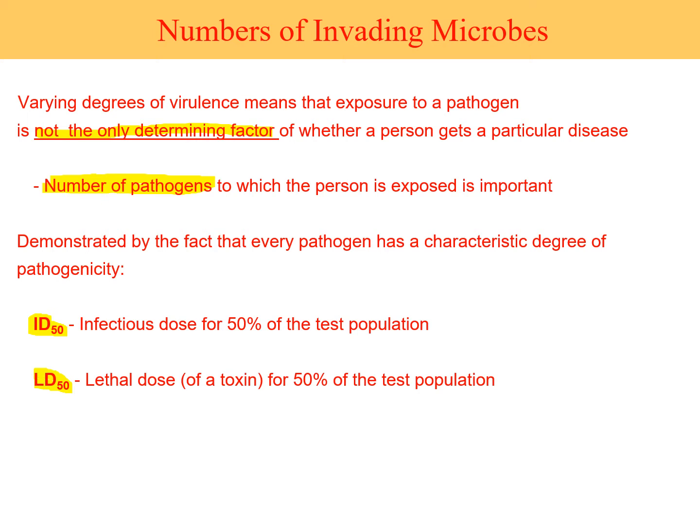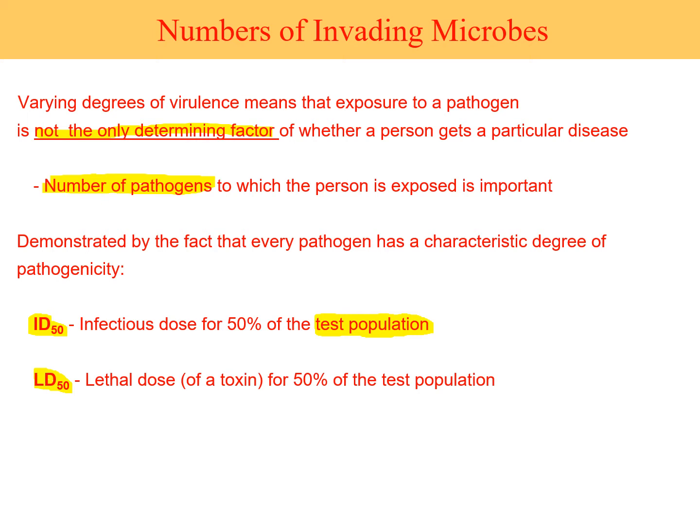If you look at a population, and when you're talking about test populations, you're talking about an animal model used in labs that can catch the disease, the infection, and has similar responses. If you look at animals, there'll always be a certain range in number of organisms that can infect 50% of the animals. If you start at a low enough number, none of them get it.